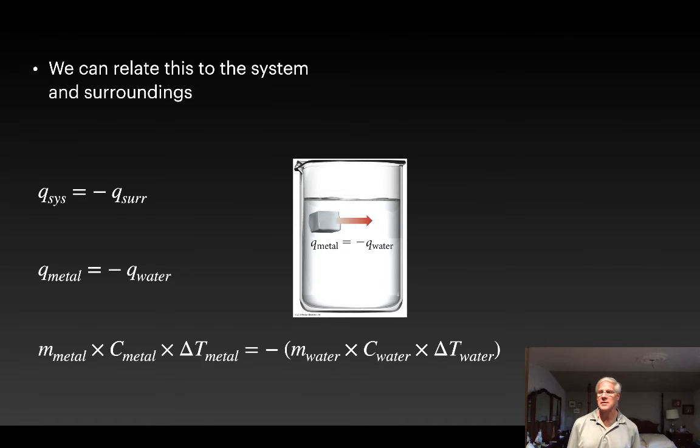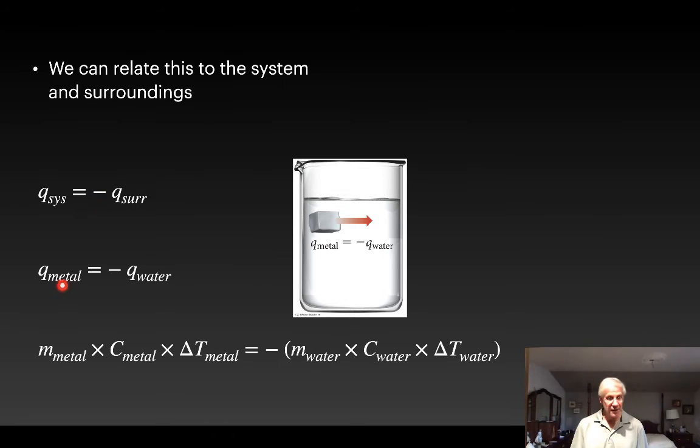The Q of the system, the amount of heat gained by the system, is going to be equal to the opposite of the heat gained by the surroundings. They're going to have opposite signs, same value. That's probably the best way to say it. The amount of heat exchanged is going to be the same, they're just going to be flowing in opposite directions.